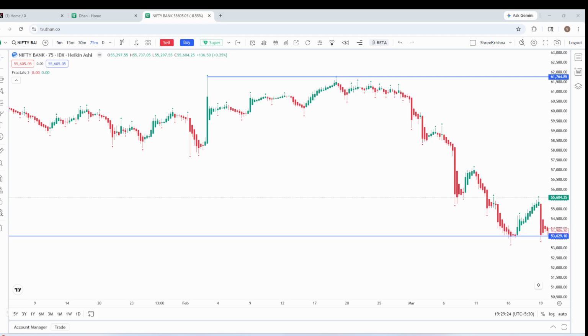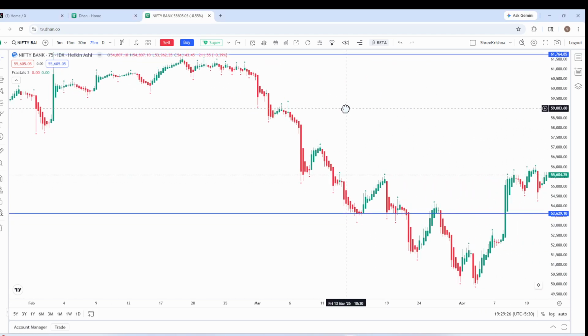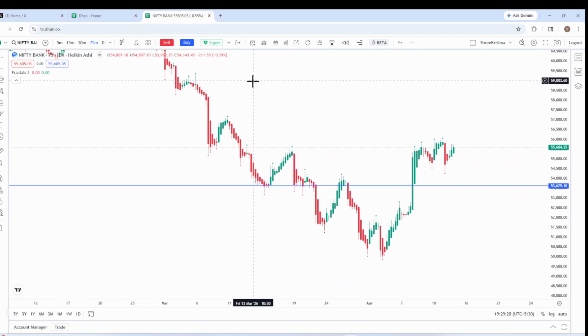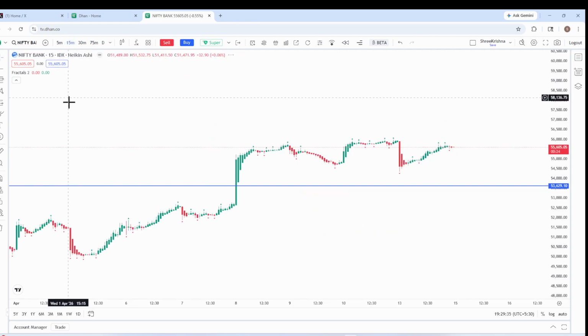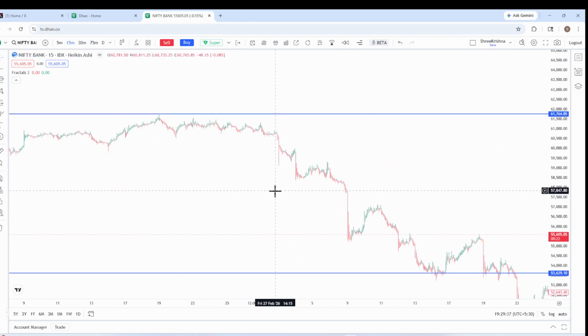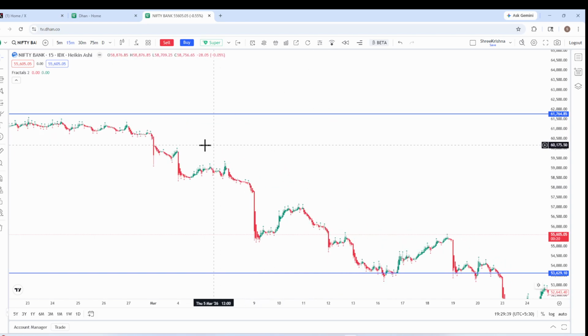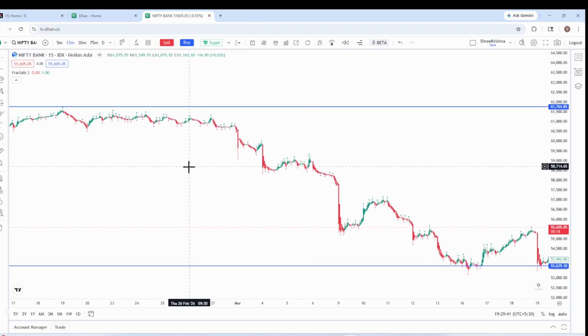So this is how we justify our trades, but we don't take trades based on Heikin-Ashi. We take trades based on a smaller time frame, and that makes it very easy.